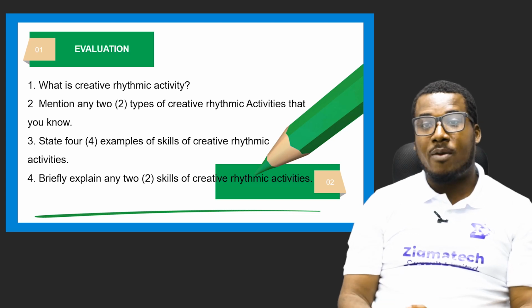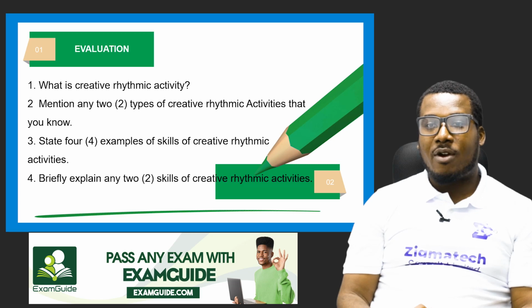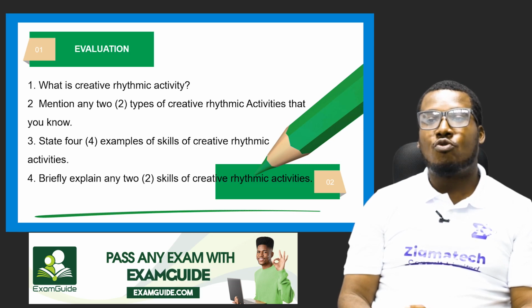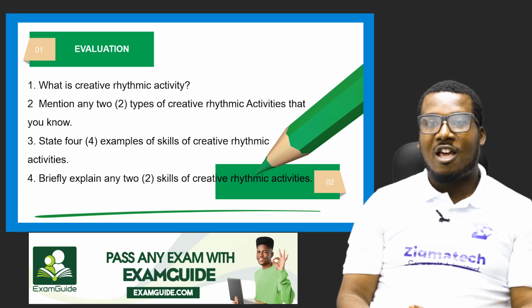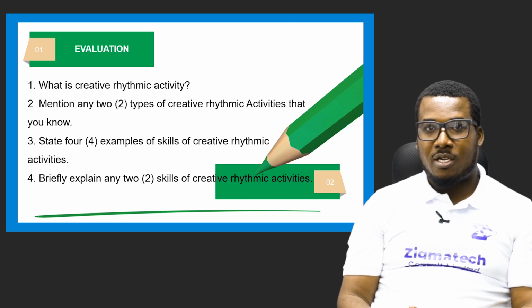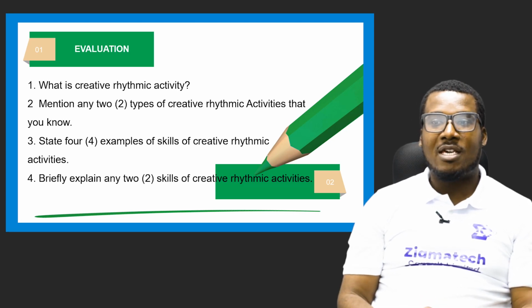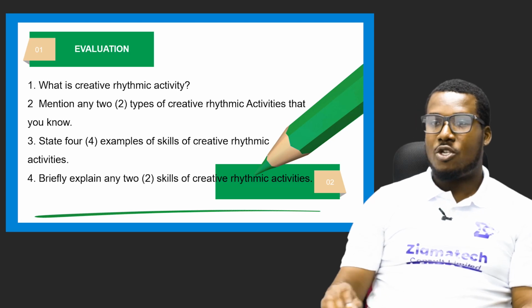Following that, out of those skills we mentioned, explain any 2 of those skills, including the skipping. So explain 3: the skipping and any other 2 creative rhythmic activity skills you know.